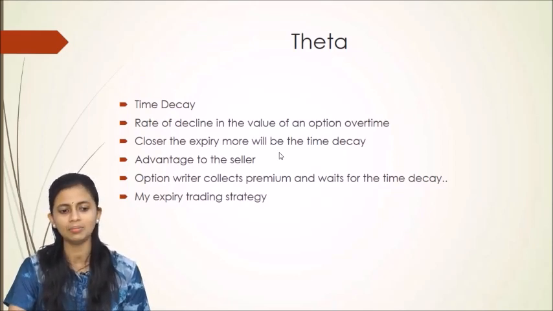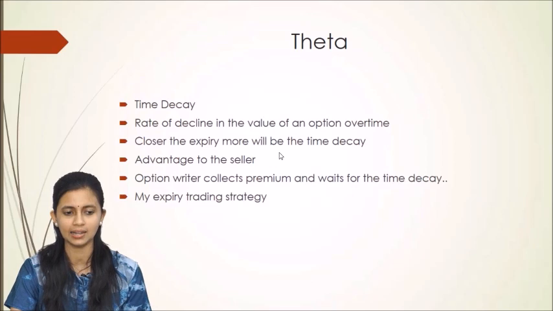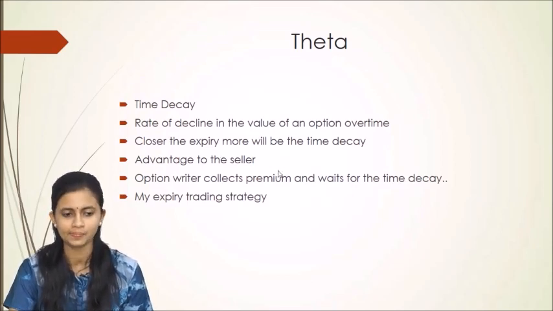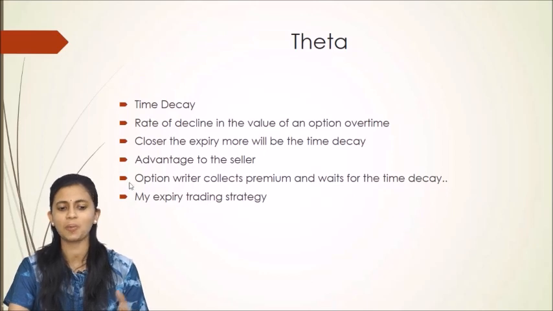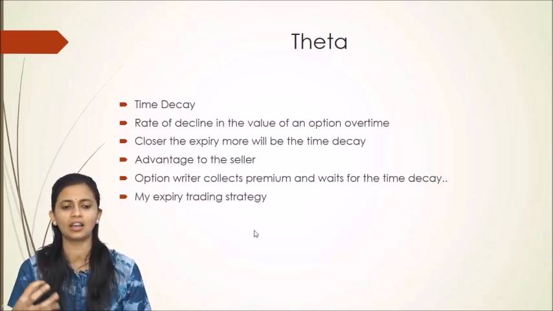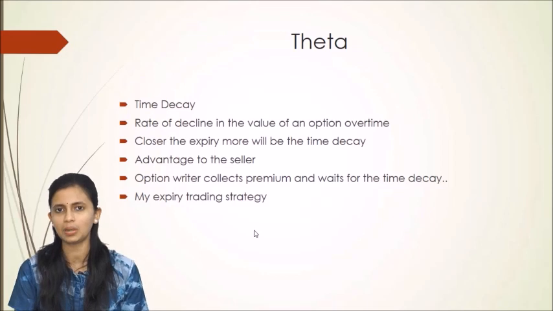So time decay or theta is an advantage to the seller. The option writer collects the premium and waits for the time decay. And my expiry trading strategy, which I will be giving along with this video, is exactly based on this time decay, wherein I collect the points, collect the premium and wait for the time decay.